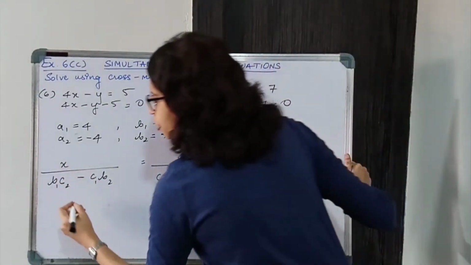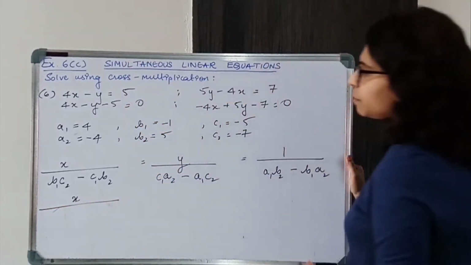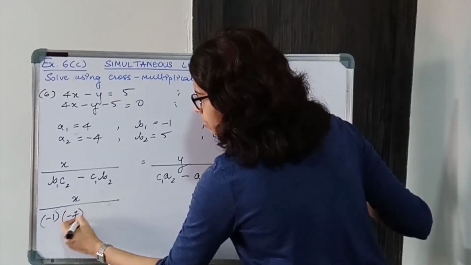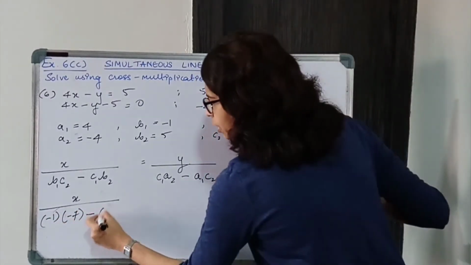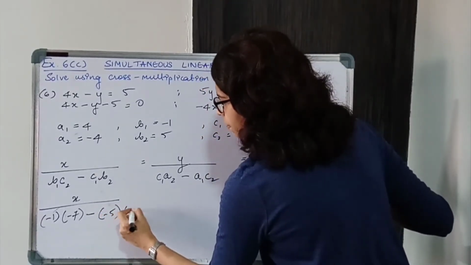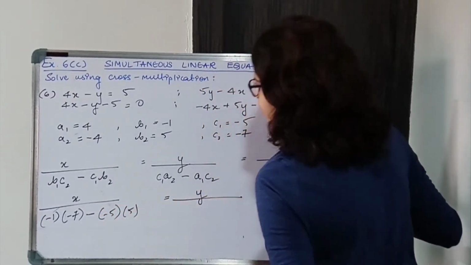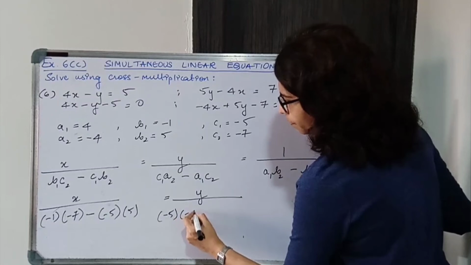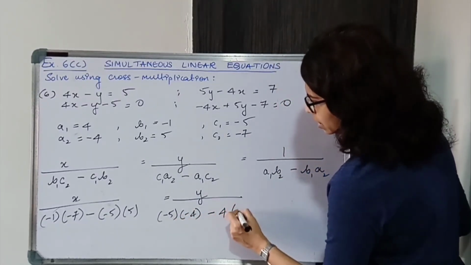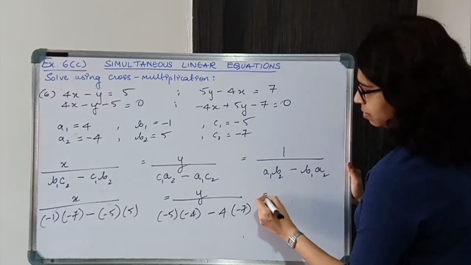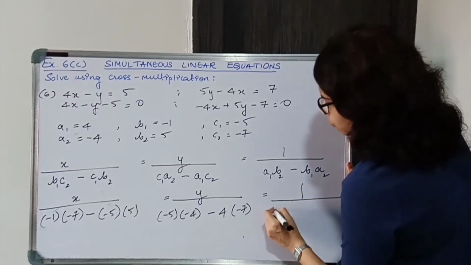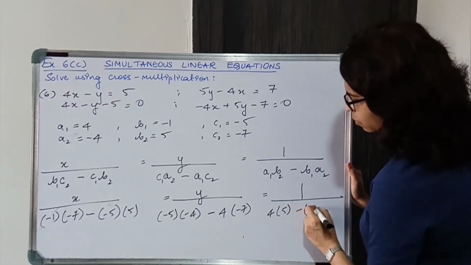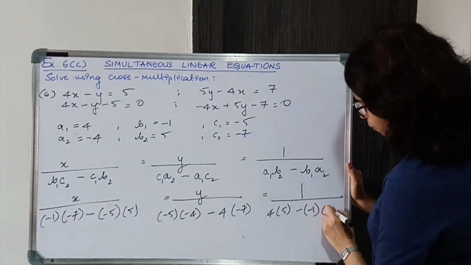Okay, now substitute the values. b1 is minus 1, c2 is minus 7, minus c1 is minus 5, b2 is 5, c1 is minus 5, a2 is minus 4, minus a1 is 4, c2 is minus 7, a1 is 4, b2 is 5, minus b1 is minus 1 and a2 is minus 4.